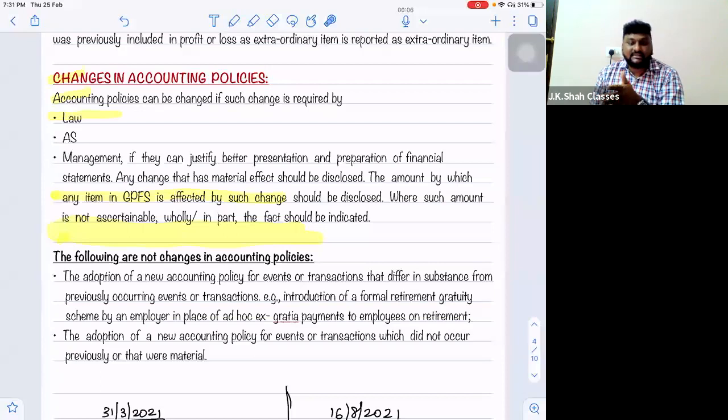And estimates you do for accounting, that is where certain areas where the amounts are uncertain. So you try to estimate the figures. See, I told you, estimates are generally made for creating provisions in the books of accounts. You estimate the amounts. Why you estimate? Because you know that the liability is certain, but the amount is uncertain. So wherever the amounts are uncertain, you make estimations. See, nobody can estimate the life of any asset with certainty. So you estimate the life.